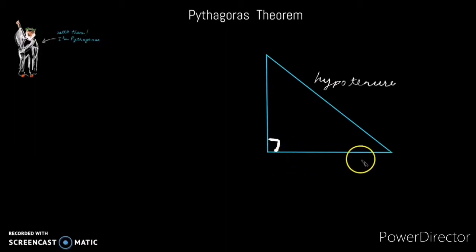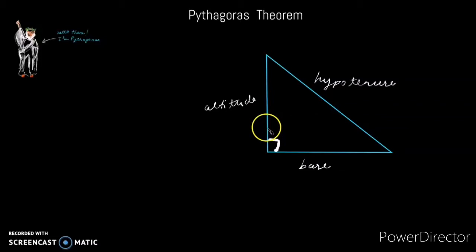You can call the side at the base the base, and the upright side the altitude. A right-angled triangle is one of my favorite triangles because there are a lot of applications in mathematics, like in trigonometry and calculus.